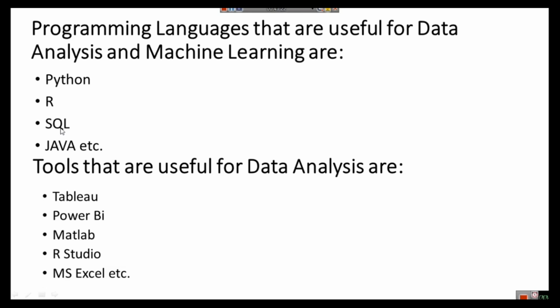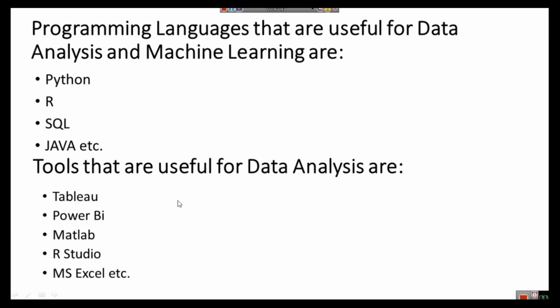There are various forms of SQL. You must have some basic knowledge about these languages. There are many languages like Scala and others, but you can get started with Python or SQL.